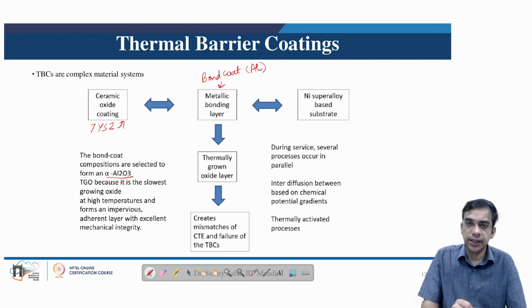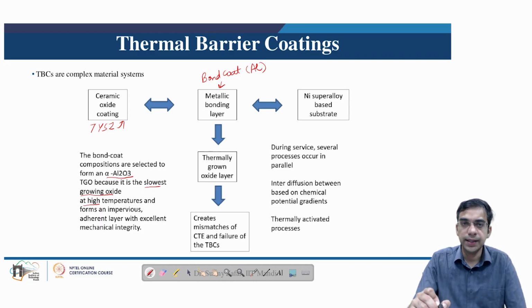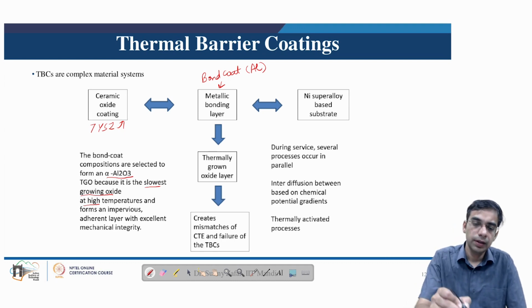This alpha aluminium oxide has a special property: it is one of the slowest growing oxide layers at high temperature. Once this aluminium oxide layer is formed, it creates an impervious, adherent layer with excellent mechanical integrity on the surface, thereby reducing the heat flow further to the underlying nickel based superalloy substrate. So this interconnected functionality results in the working of the thermal barrier coating.